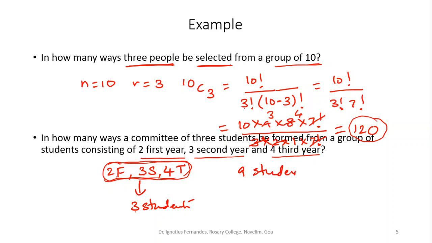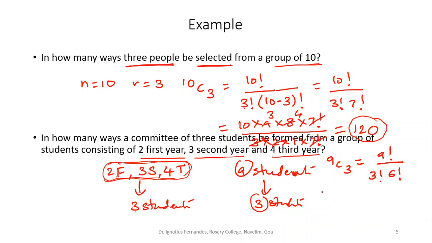So you have 9 students here, and from this you are selecting 3 students. So I have to just find out how many ways I can select 3 students out of 9. So it will just be 9C3, 9 factorial upon 3 factorial into 9 minus 3, that is 6 factorial.